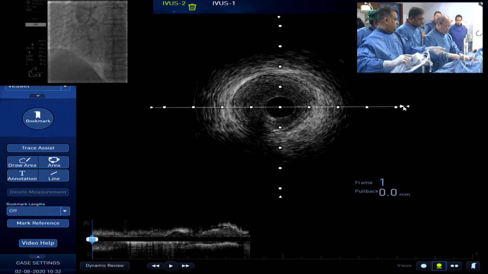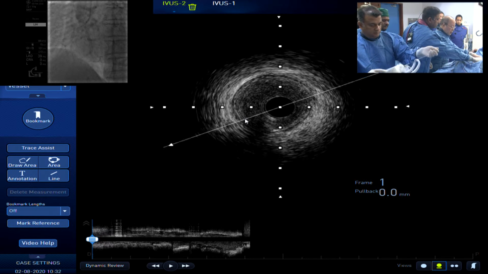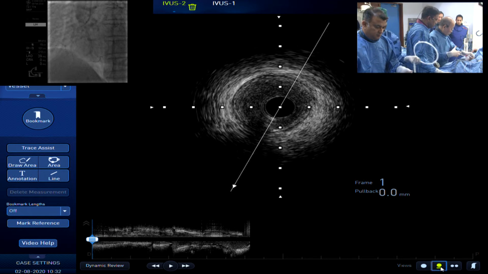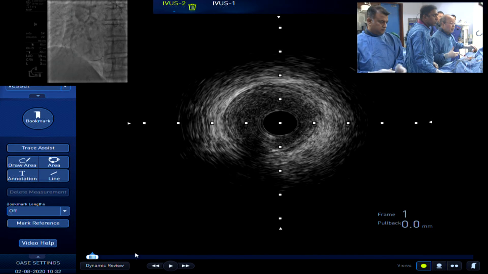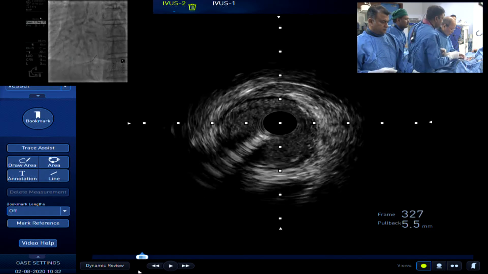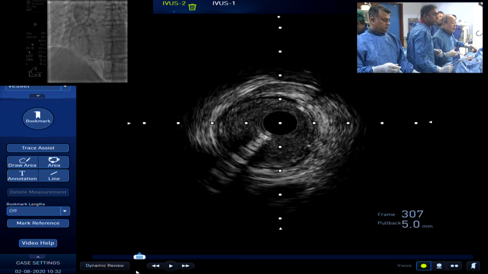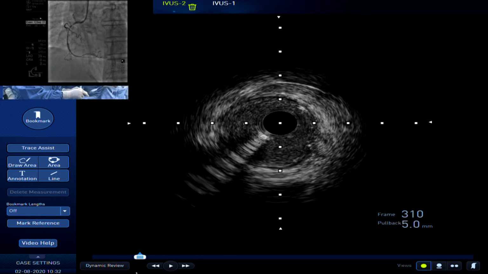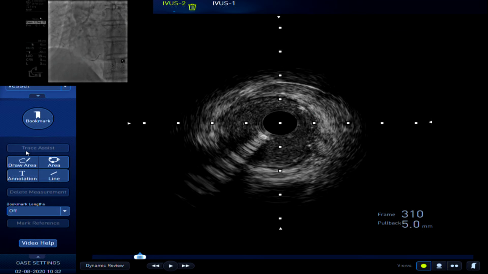So I want to place a 38 millimeter long stent. Is that okay? How do you think? Okay, I will take angiography. 3.0 or 3.5, which size?